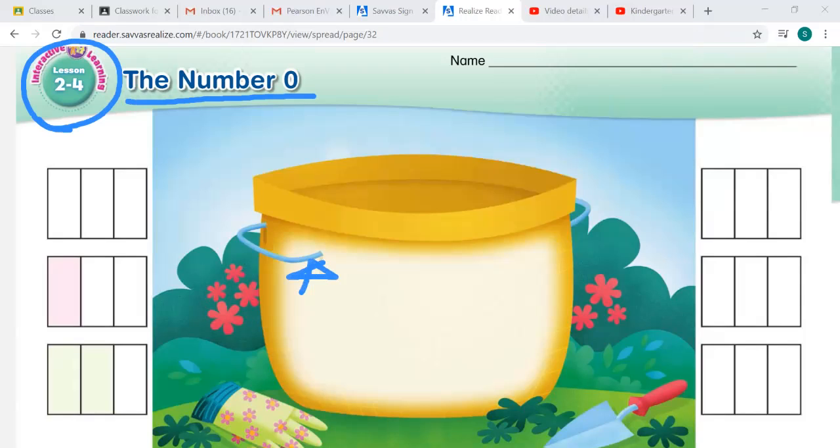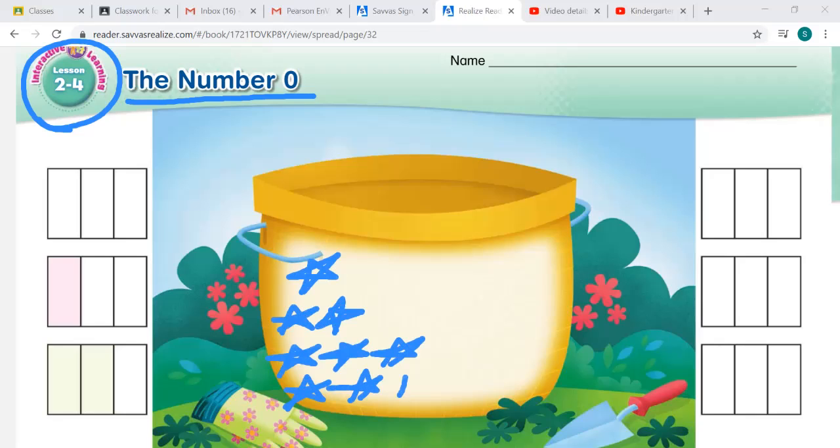So I'm going to draw some stars with different groups. All right, let's look at these stars and let's count how many are in each group. And this is our last group down here. All right, so in our first group, we have 1 star. So that's one group. Here's our second group.